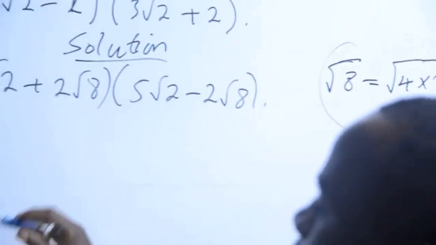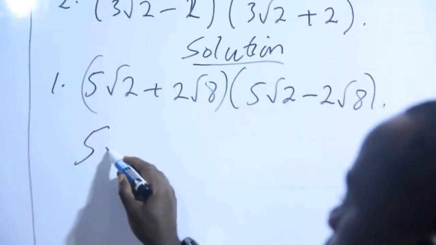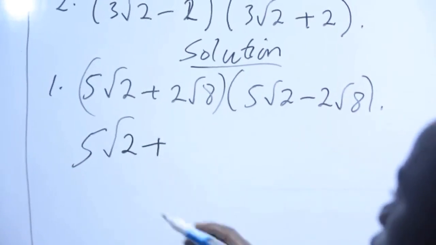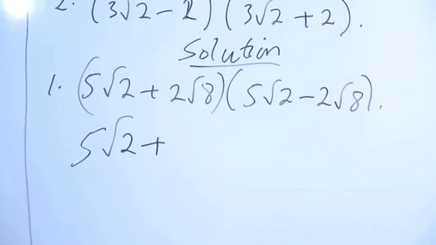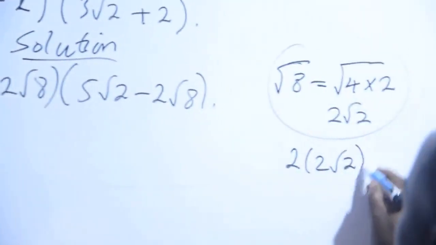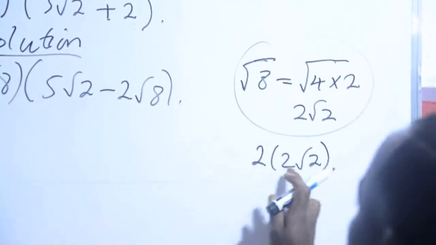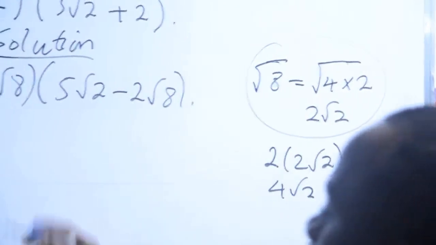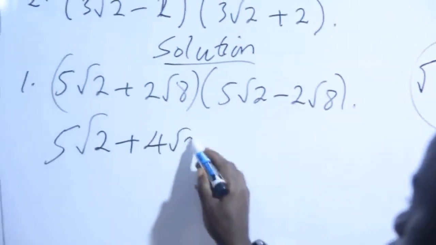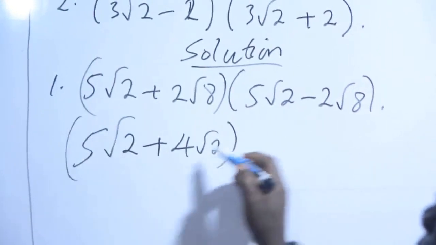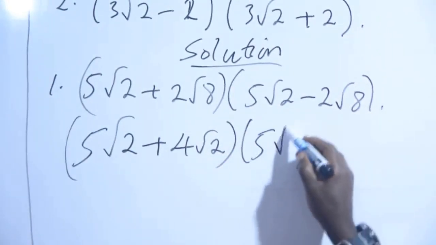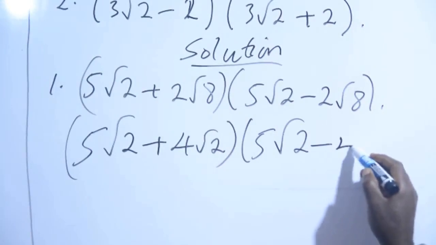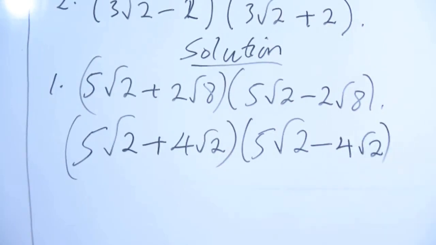And when we bring it back here, it will give us 5 root 2 plus, now check, it's going to be 2 into 2 root 2, isn't it? This 2, and then root 8 is 2 root 2. And that will give us 4 root 2. So I'm going to have plus 4 root 2, then 5 root 2 minus 4 root 2.